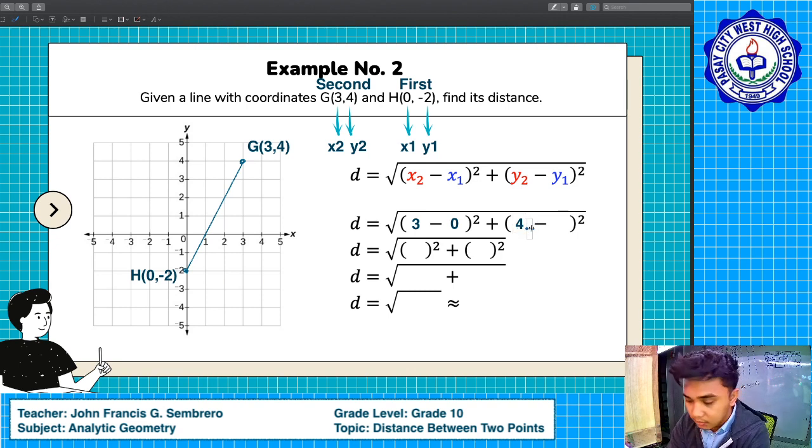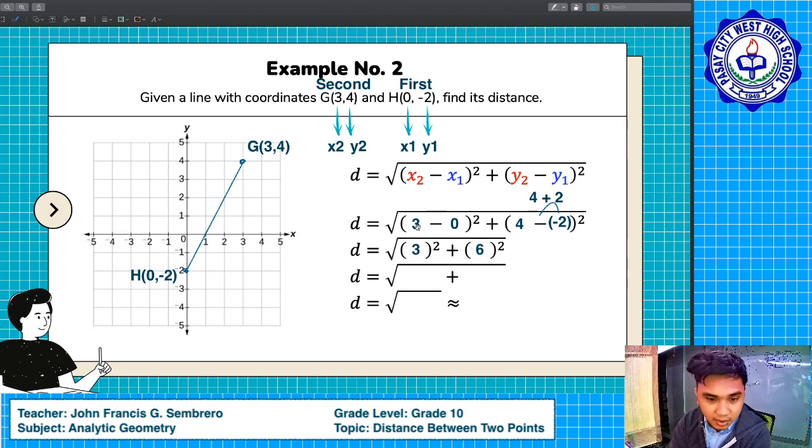So again, I'm trying to input a negative number, so please make sure you use a grouping symbol to specify the negative. So 3 minus 0, that's basically 3. While 4, then this will be negative, negative, so that's positive. So basically, it will become 4 plus 2, right? And that's 6.